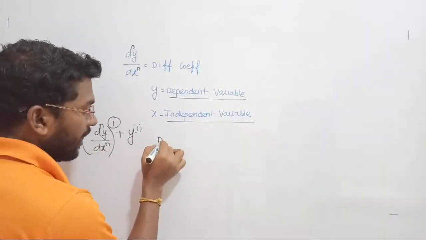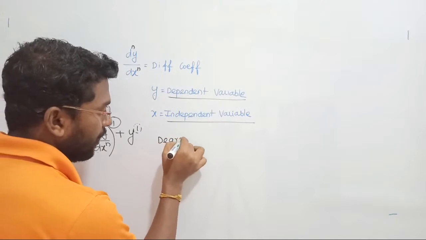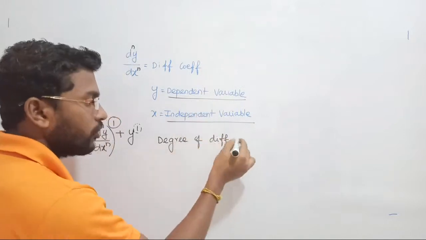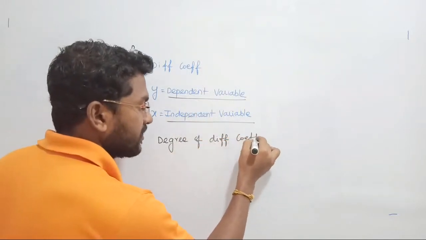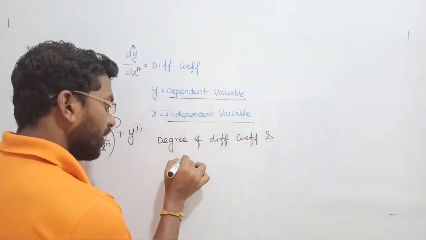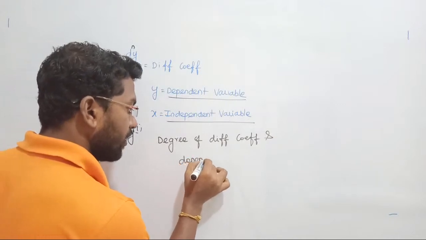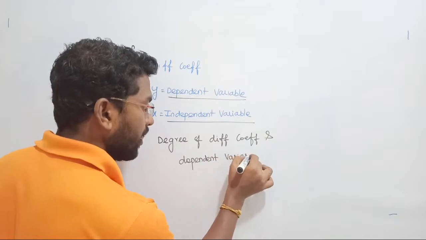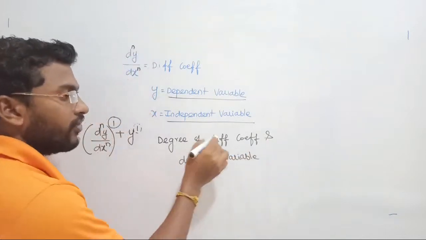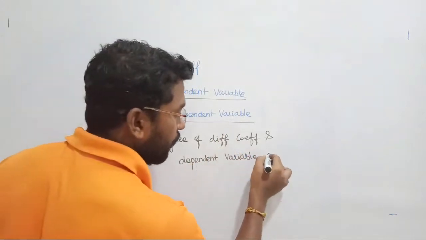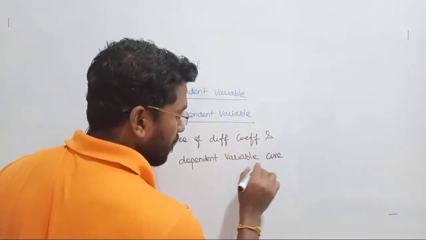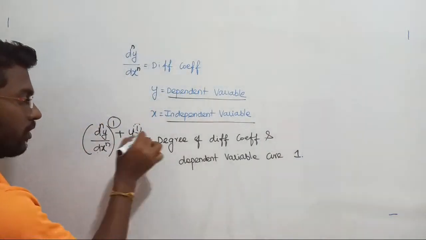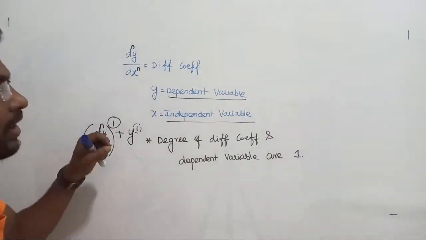So write this statement clearly: the degree of the differential coefficient as well as of the dependent variable, y, must be 1. Clear? That is the first condition. It is a mandatory condition to be a linear function.